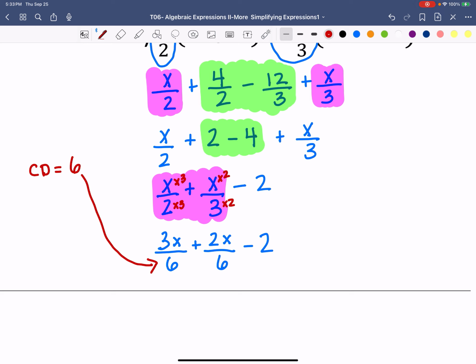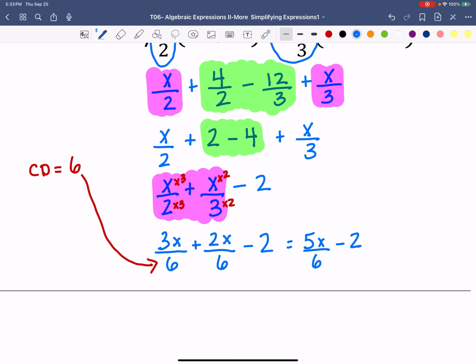So from here, we can still simplify by now adding the 3x over 6 plus the 2x over 6. So when we have a common denominator, we just simply add our numerators. So this becomes 5x over 6 minus 2.